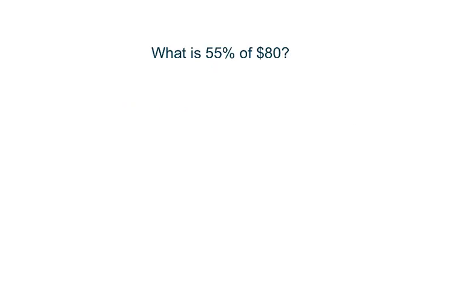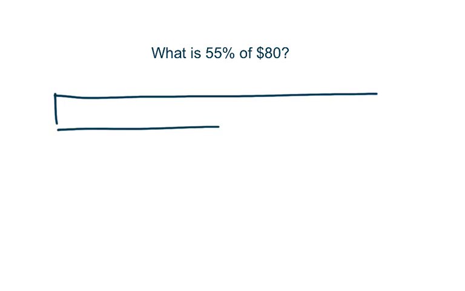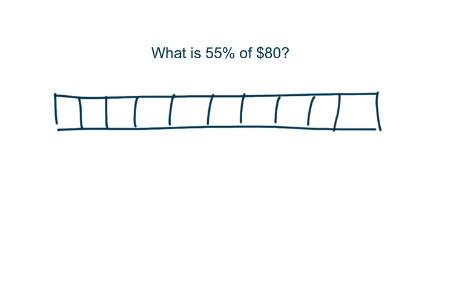Let's take a look at a little bit more challenging one now. We want 55% of $80. So for my money, this is where the tape diagram really comes in handy. So we'll draw our tape diagram. We know that the total amount is $80.